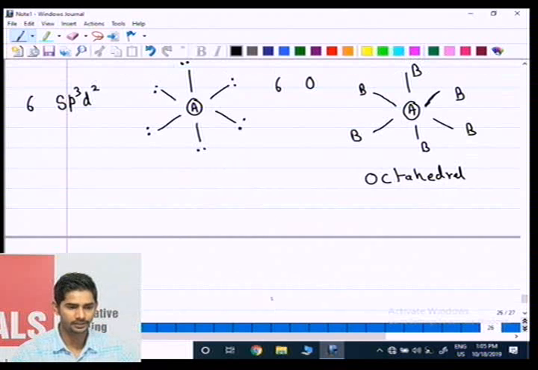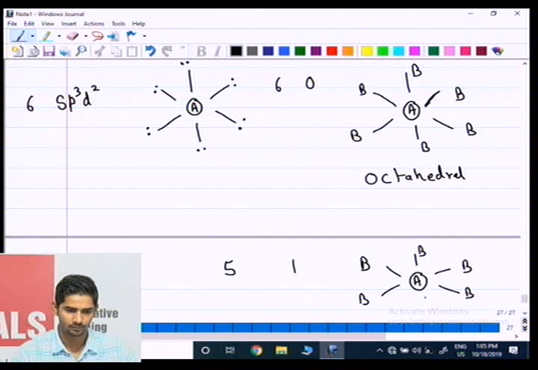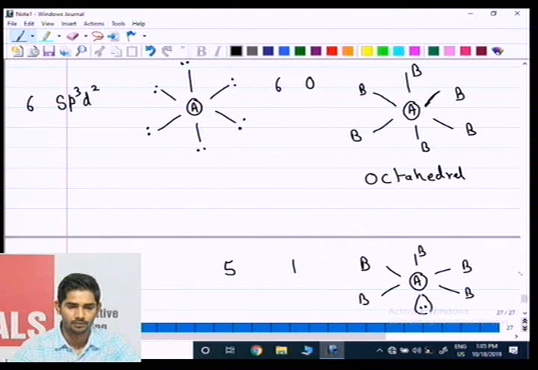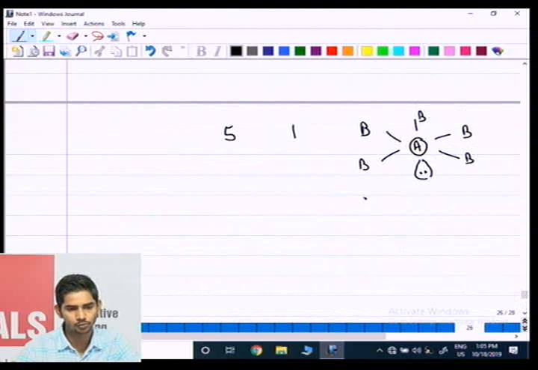Now let's talk about the second case. 5, 1. Copy it. This is your square pyramidal.